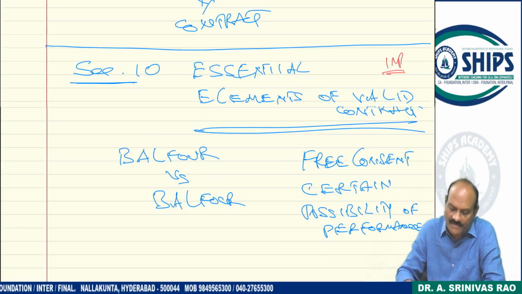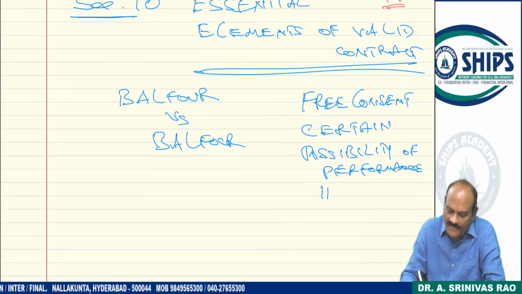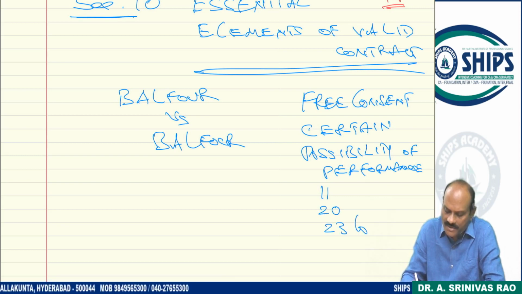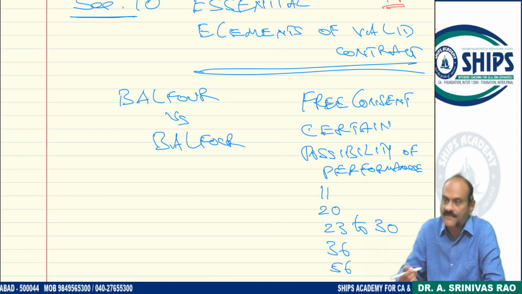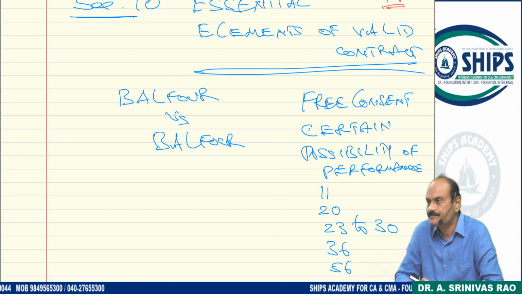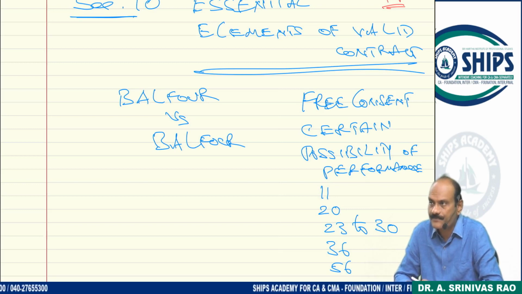What are examples here? Section 11, Section 20, Section 23 to 30, Section 36, Section 56. These are all void agreements. Hope you remember the void agreements chapter.